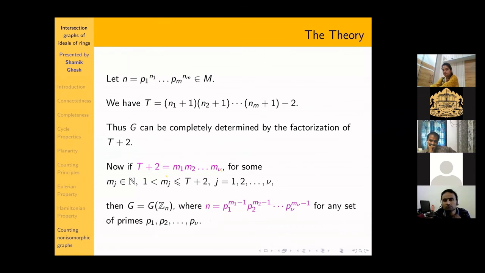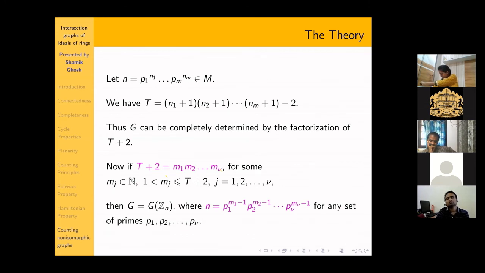Now, our theory goes like that. Suppose we want to know how many non-isomorphic graphs of t vertices there are. So we make it t plus 2, and we have to factor it.